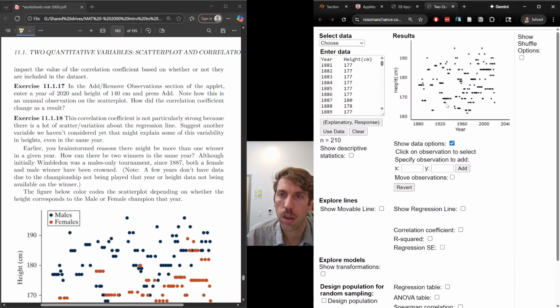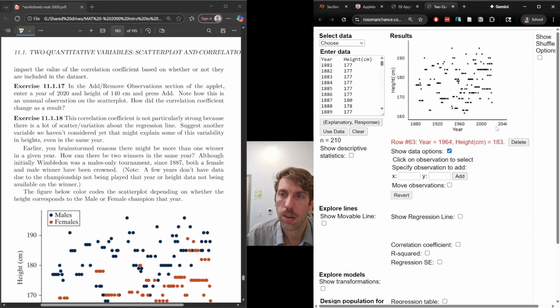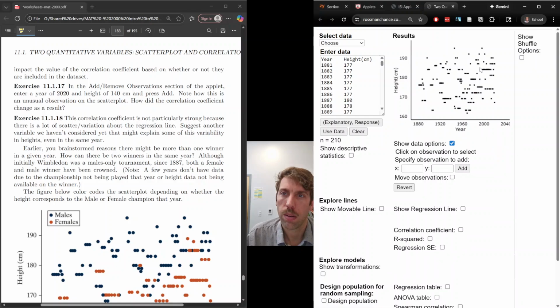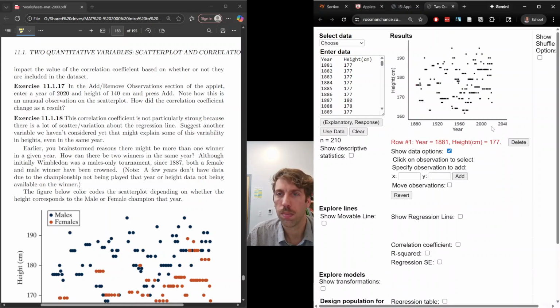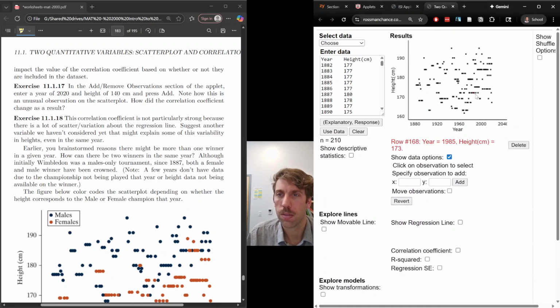You can click on a data point and you can delete data points. By deleting an arbitrary number, I'm going to make it so that the numbers I show you are not the answers, although it might be fairly close.